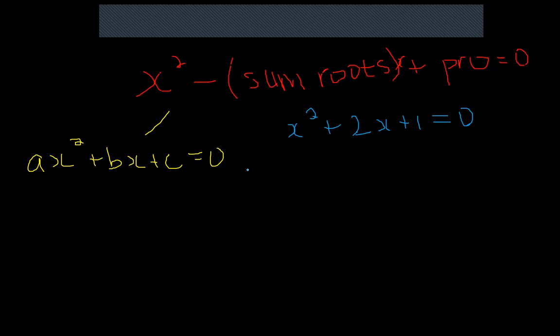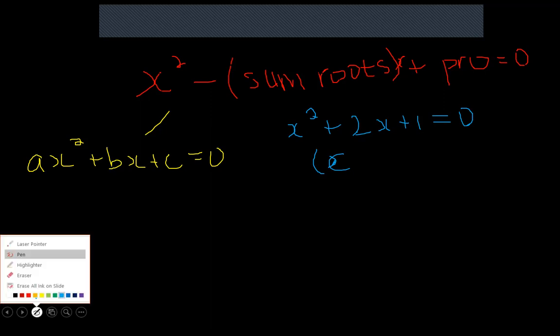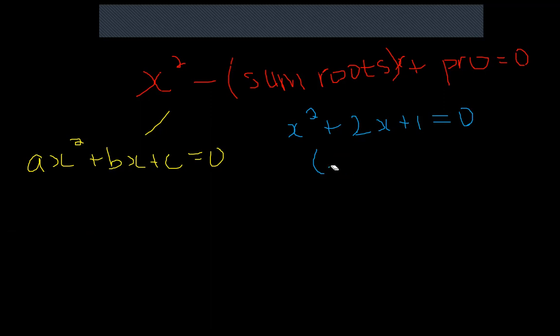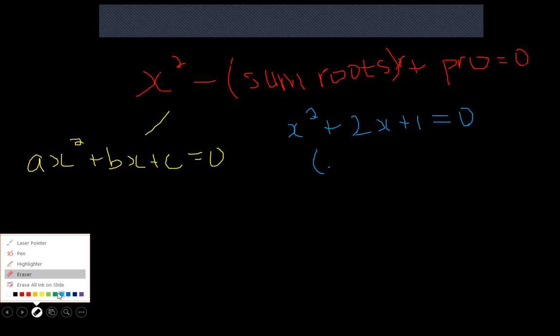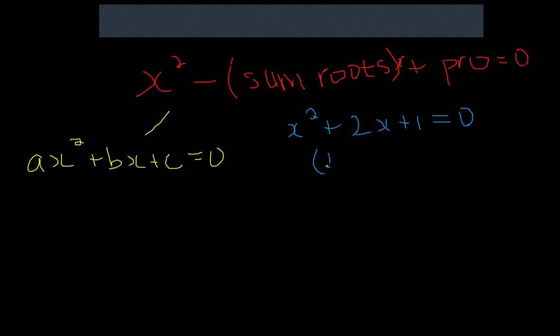And when I solve by factorization, I'll get my factors to be x plus 1 and x plus 1. If I factorize this quadratic, this is what I will get: x plus 1 times x plus 1 is equal to 0.